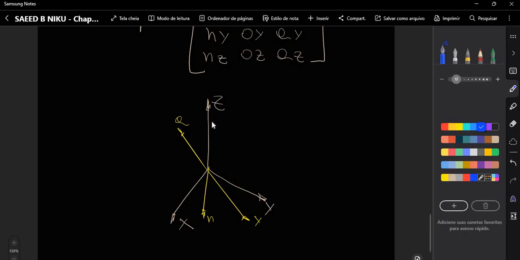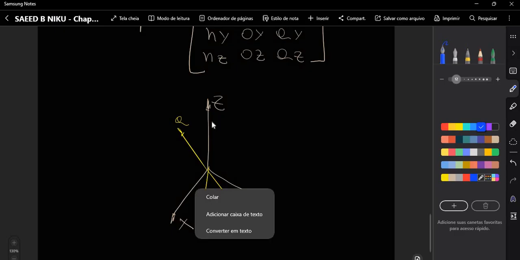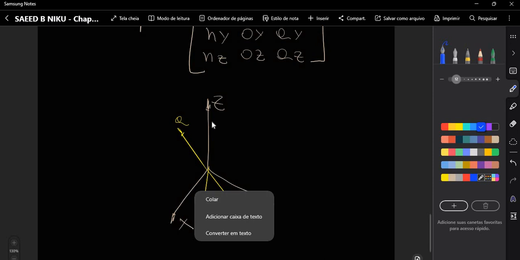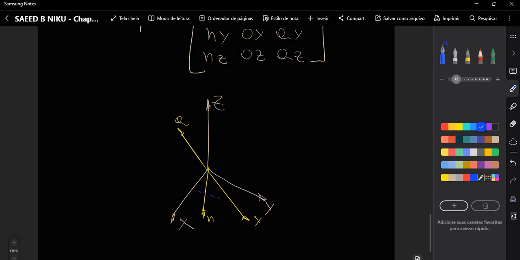Let me change the color to do the decomposition of the components. I forgot to draw this component, this vector.